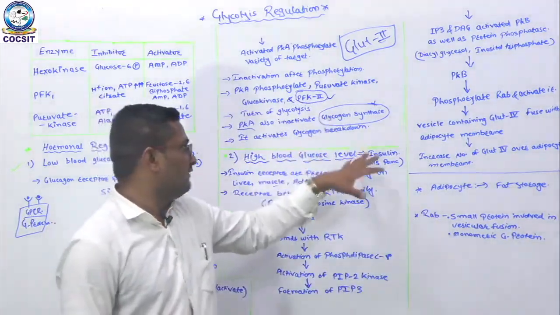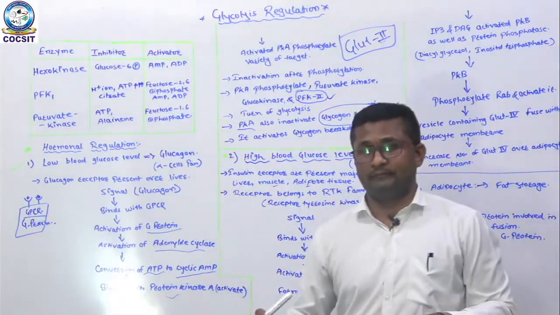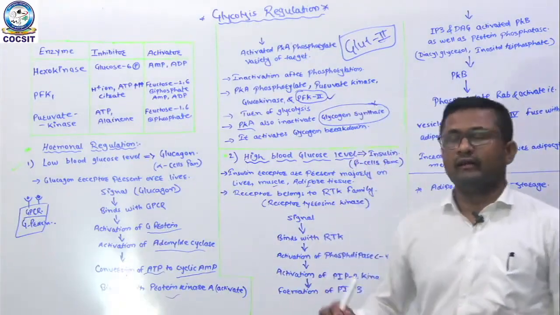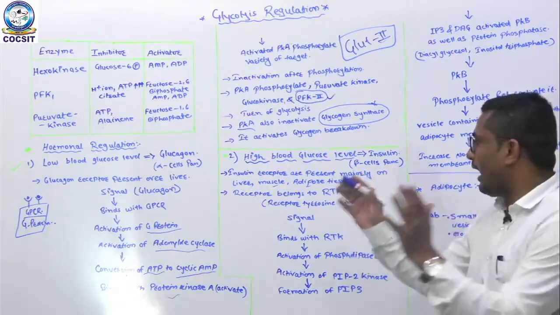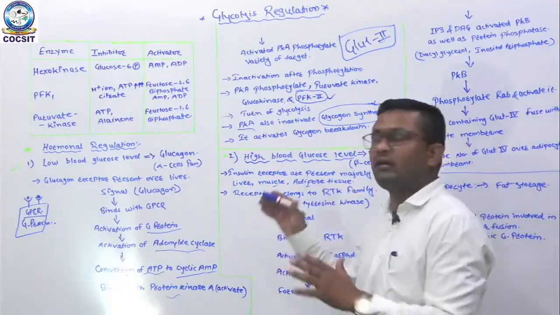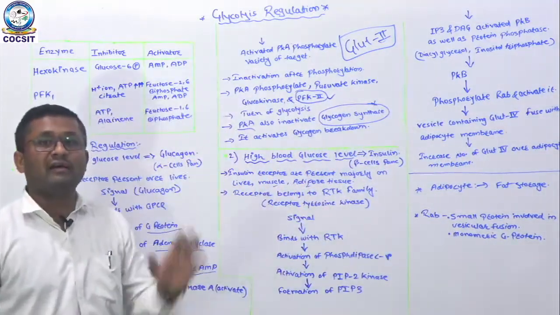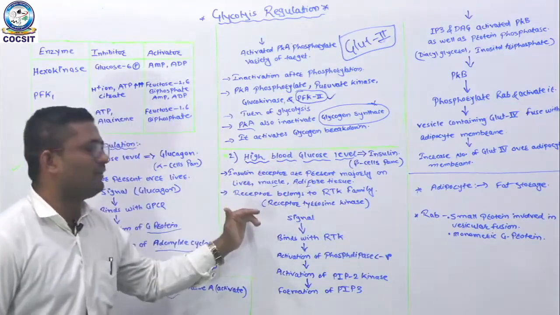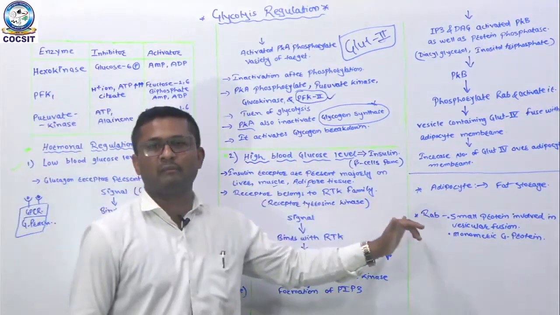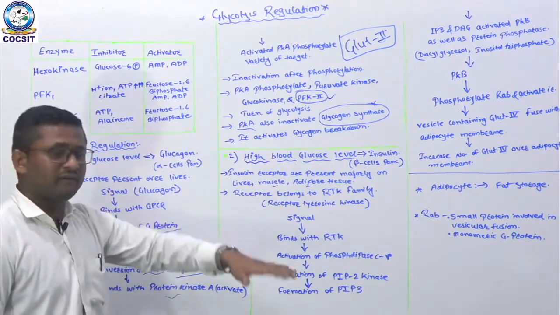Now the receptors of insulin belong to the RTK family, and RTK stands for receptor tyrosine kinase. So the insulin receptor belongs to the receptor tyrosine kinase family. Keep this in mind for further reference.